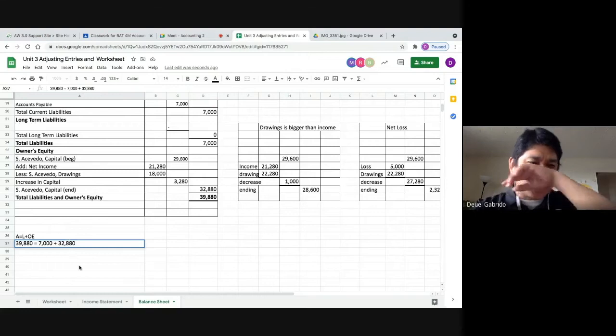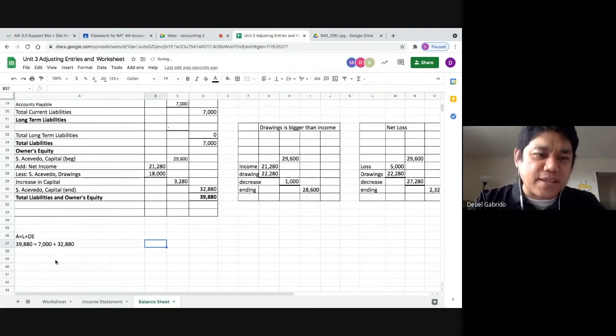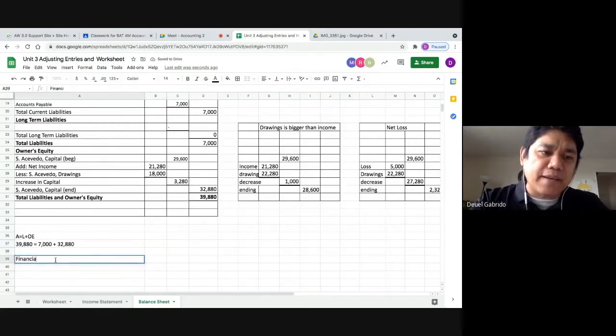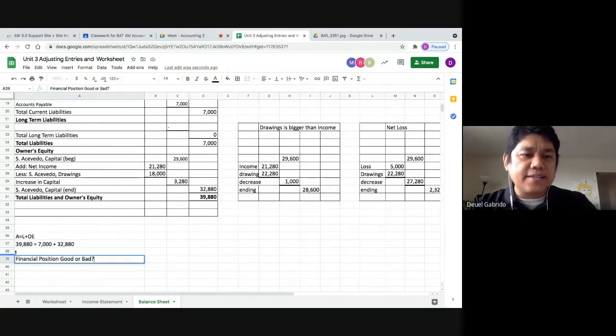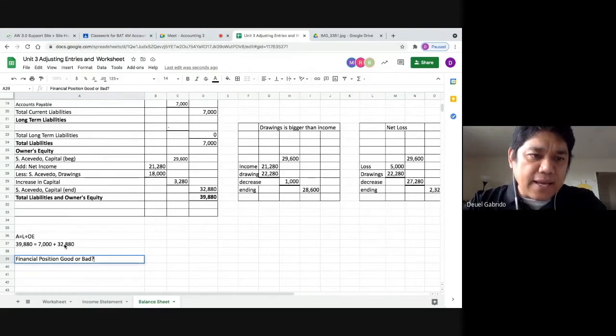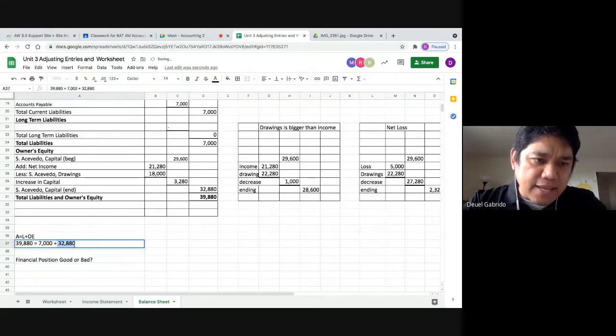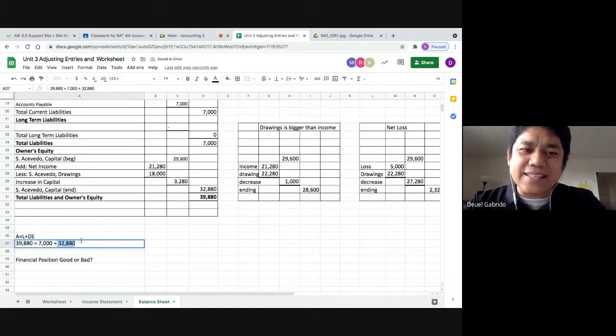So, question again about the financial position. Remember, we were talking about financial position last time, if it's good or bad. I mean, guys, the OE is 32,880, right? You need to determine if the business is doing good or bad.